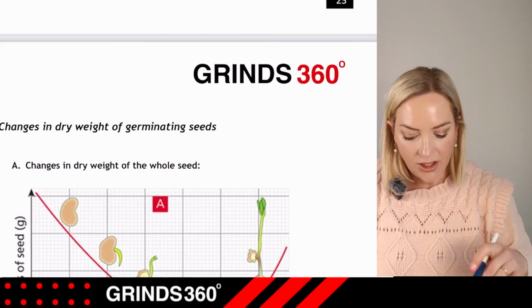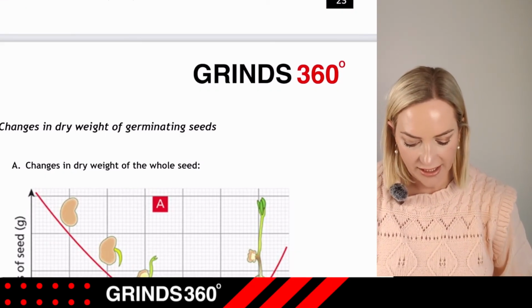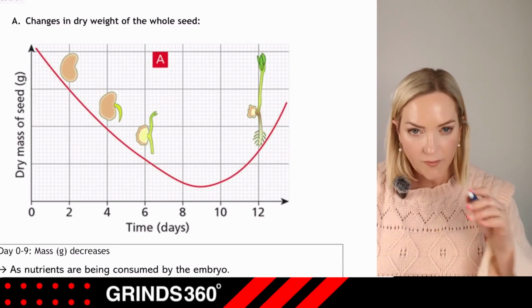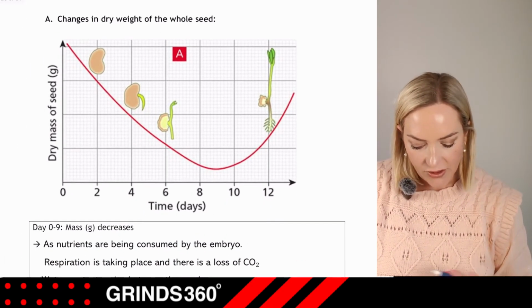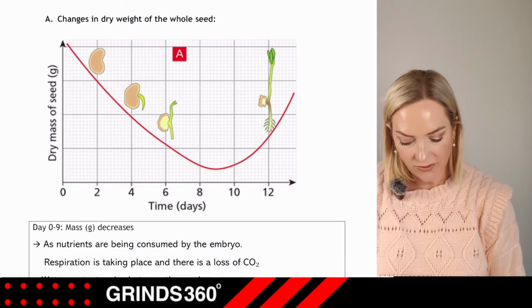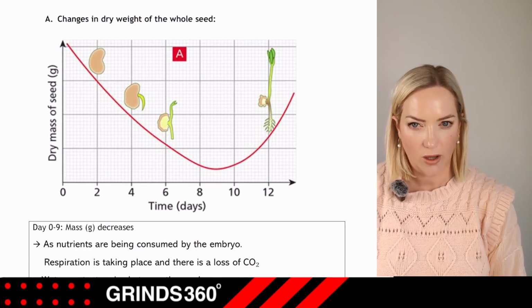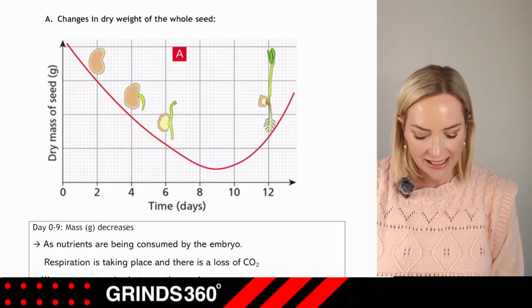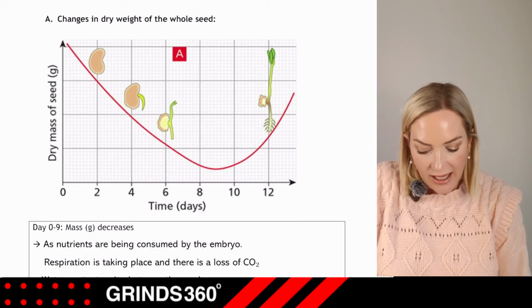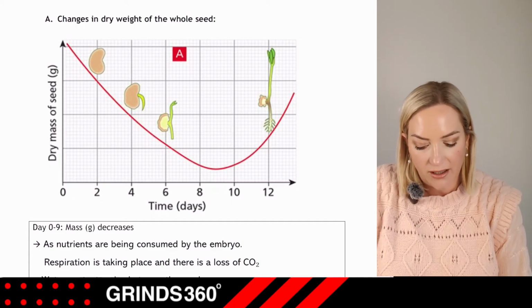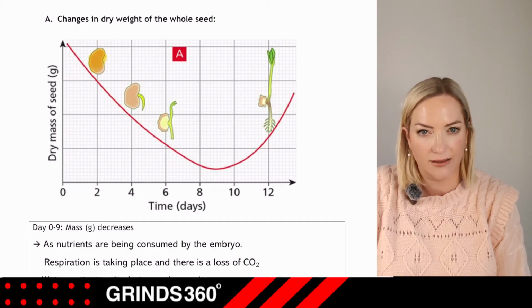So changes in dry weight of a germinating seed. If you have the questions, I have this blank and I just typed it in there. So here we have dry weight, dry mass of a seed. We can see here on our y-axis, on our x-axis, we have our time, so going in 12 days. And we can see we start off with our seed here.